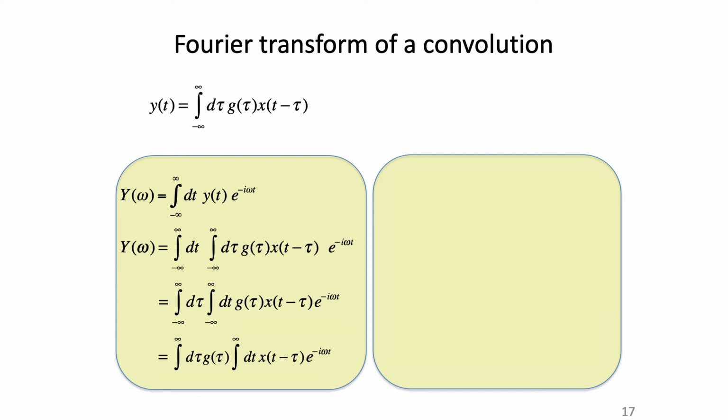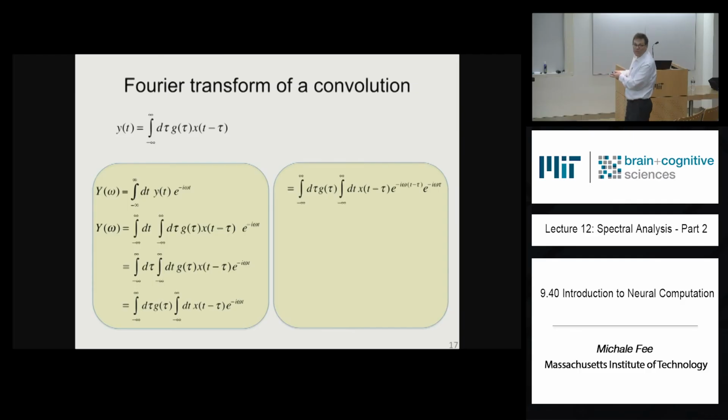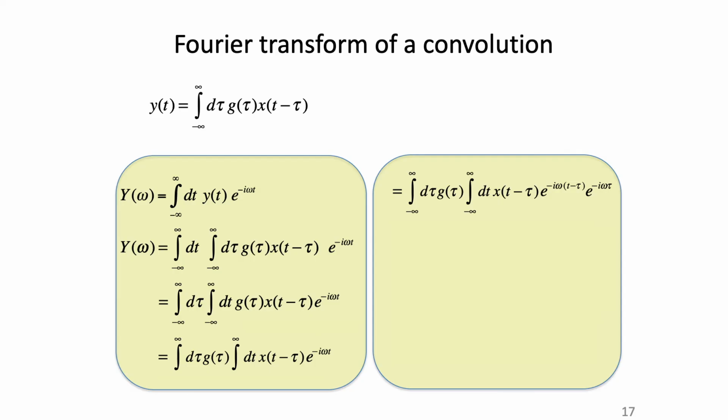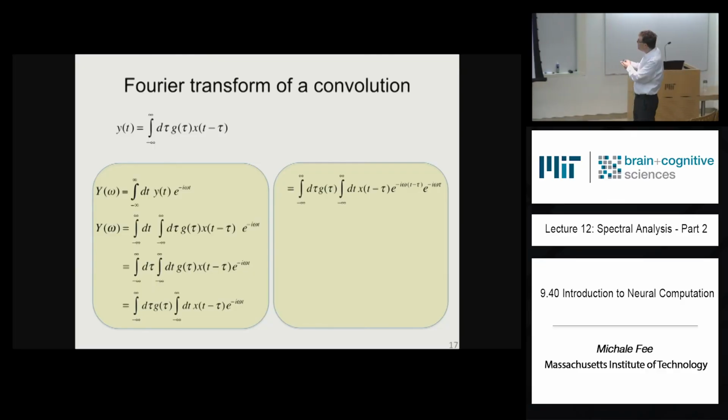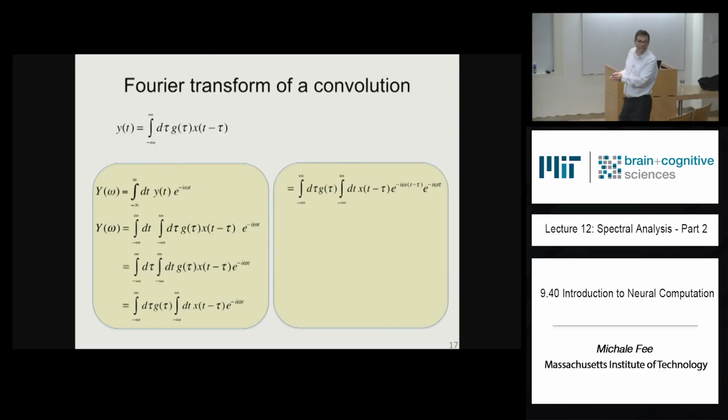And what we can do is a little modification here. We're going to pull an e to the minus i omega tau out of here. Okay, so we have e to the minus i omega tau times e to the minus i omega (t minus tau). So you can see if you multiply those two things together, you just get back to that. Okay.